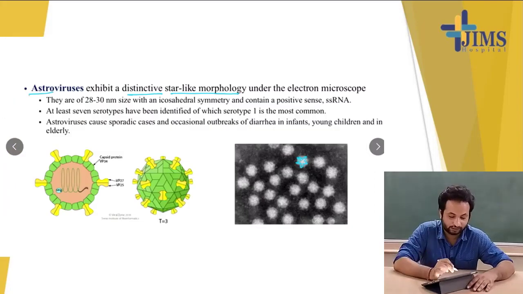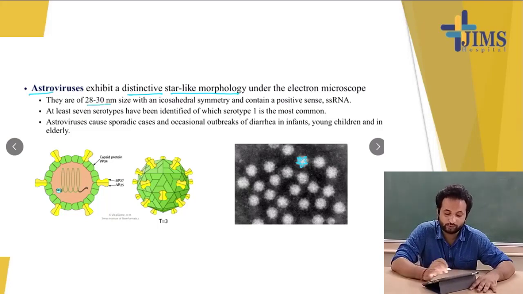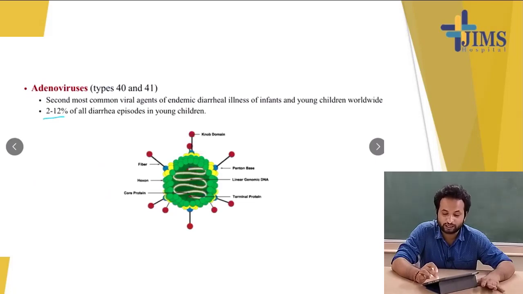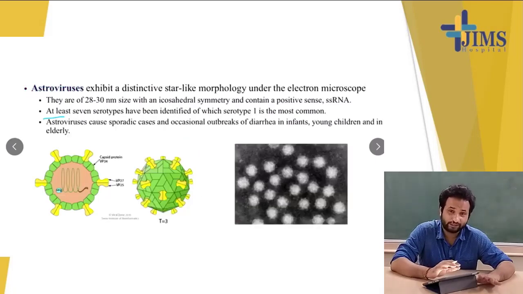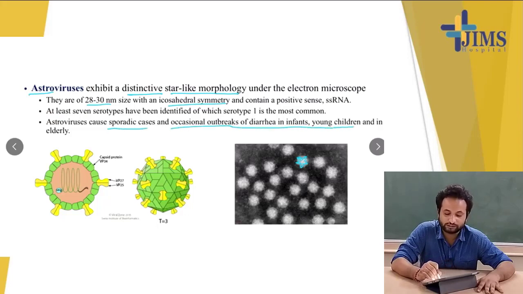The size here is a bit bigger, 28 to 30 nanometer, with icosahedral symmetry, and contains a positive sense single-strand RNA. They have at least 7 serotypes, out of which serotype 1 is the most common one, and it causes sporadic cases and occasional outbreaks of diarrhea in infants, young children, and in elderly, similar to that of Sapovirus.